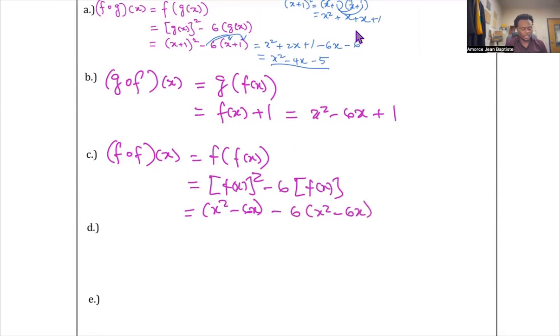If you want to expand it, there's a square right here. If you want to expand it, go on and do it. You would get, I'll do it in blue because you don't have to, x to the 4th minus 12x cubed.